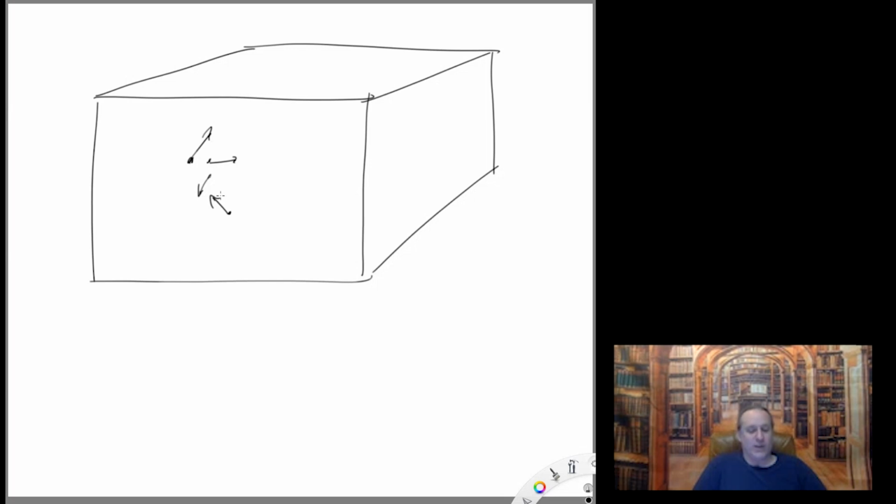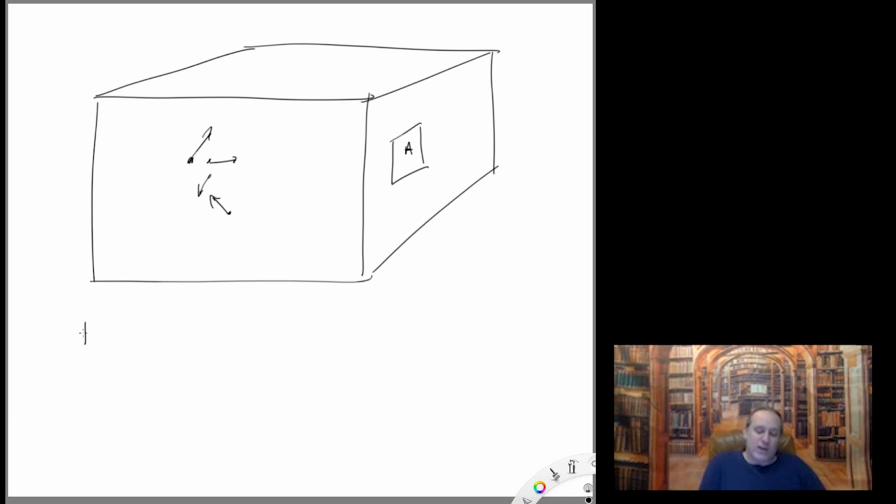So we're going to zoom in until we see individual particles bouncing around. And we're going to pick a little section of the wall with a certain area. And we're going to try to find how much force is going to be on that area, and therefore how much pressure we'll get. But not using the results from chemistry, not using the ideal gas law or any experimental results. This is just purely theoretical based on what we know about particles.